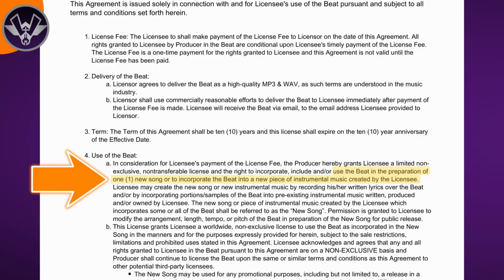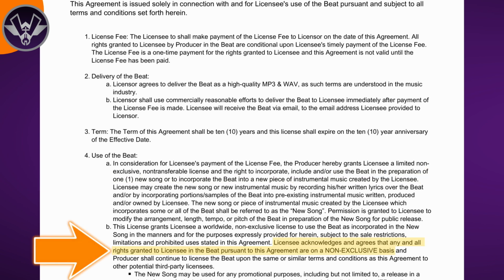All right. The next thing that I want to highlight for you guys to understand that's part of this same section is right here. Licensee acknowledges and agrees that any and all rights granted to the licensee in the beat pursuant to this agreement are on a non-exclusive basis, right? This is where they're letting you know that it is non-exclusive.